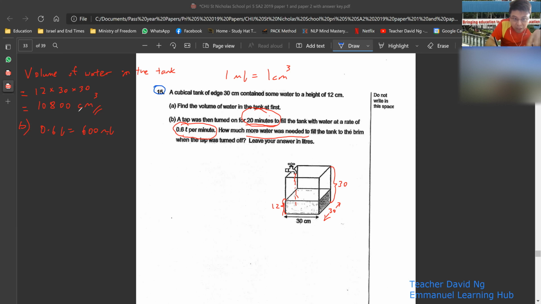Or you prefer to change this to liters, then stick with liters, do everything in liters, then keep your answer in liters. So it depends on the student comfort level. Either way is okay. But you need to know what you are doing. You need to know why you are doing this.